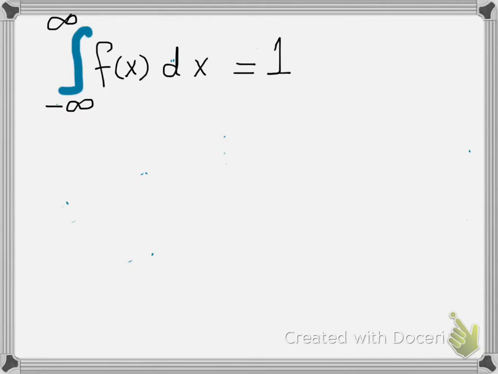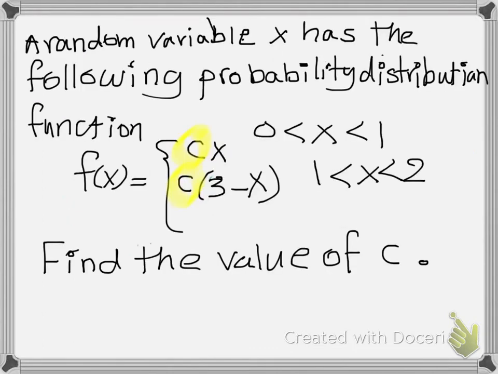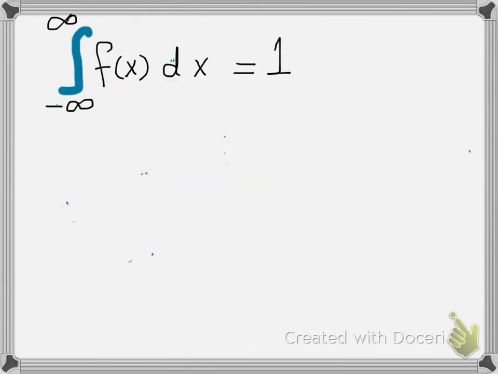Now here your x is not lying from negative infinity to infinity. Here your x is lying between 0 and 1, the function is cx, and between 1 and 2, the function is c(3 minus x). So we are going to integrate from 0 to 1 the f(x), which is cx, and from 1 to 2.